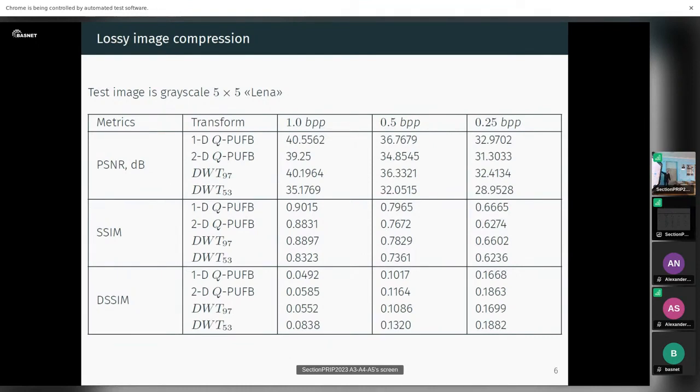First one is the separable version of the Quaternion-based filter bank. Second is the synthesized non-separable version of this filter bank, and DWT 9/7. So we would like to evaluate it in a lossy scenario.